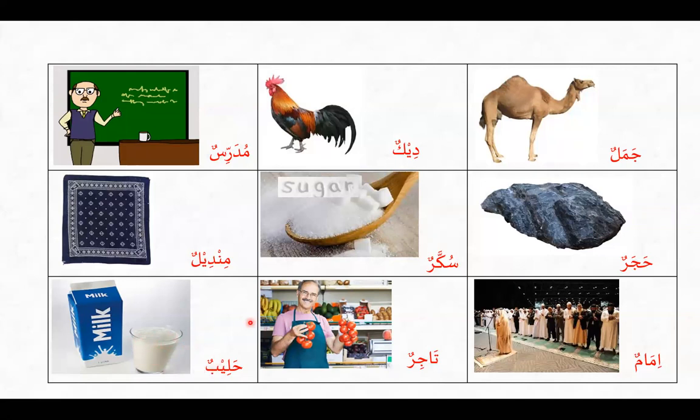Labanon is sometimes used as milk as well, but it's more like a yogurt texture, whilst halibun is milk. So let's move on.